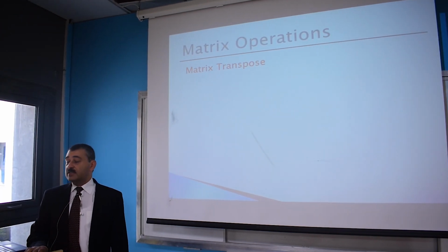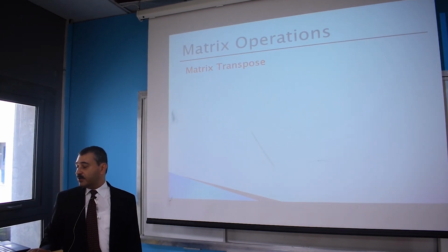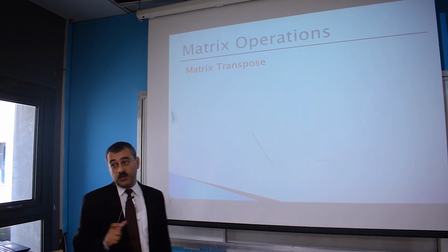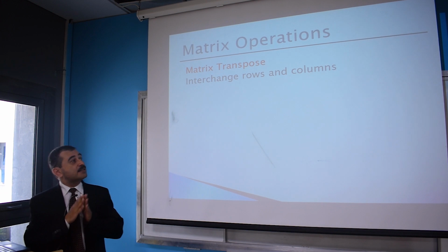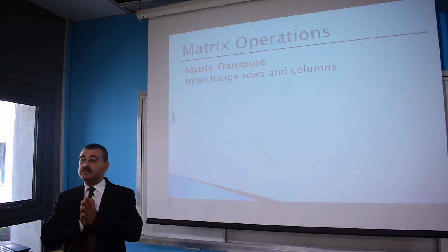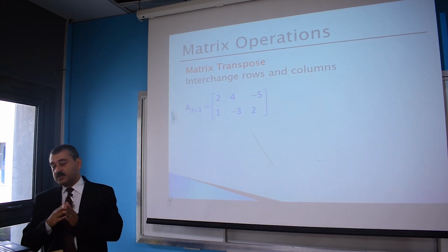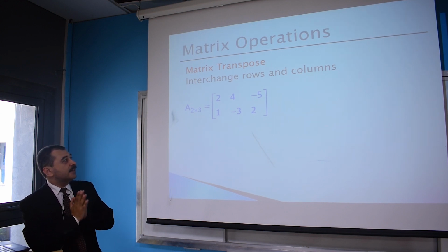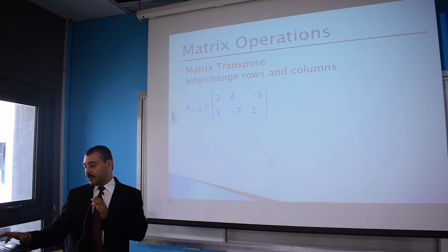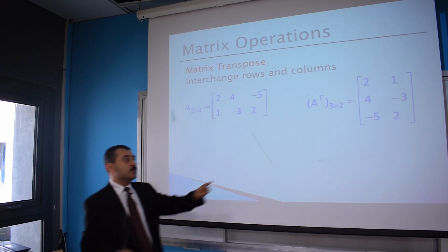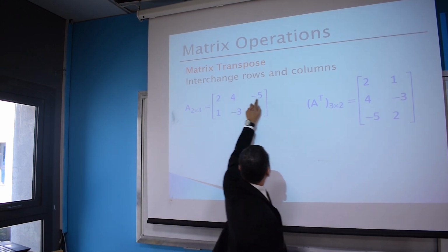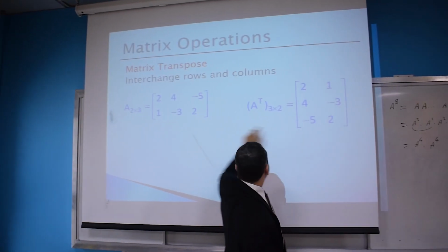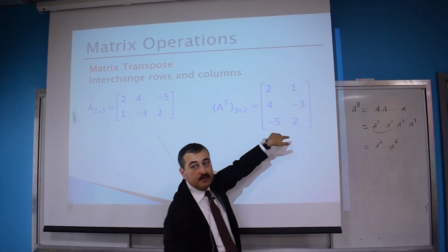Okay. Let's define an operation on matrices called matrix transpose. For the matrix transpose, we simply interchange the rows and columns of a matrix. So for example, if you have this matrix A, 2 by 3, we write what is called A transpose, okay? And write the first row as the first column, the second row as the second column.